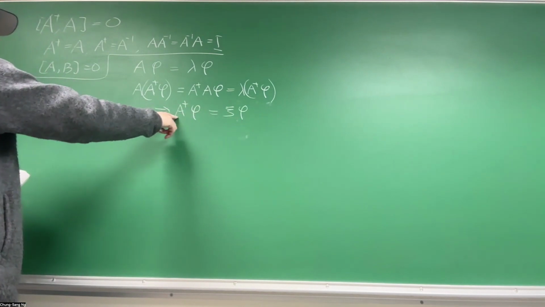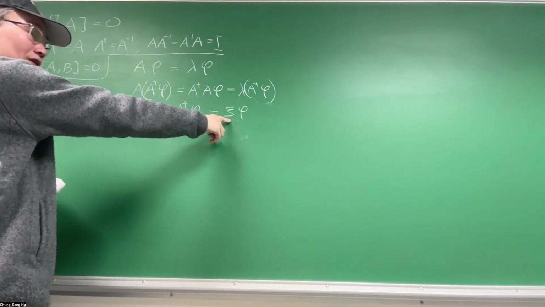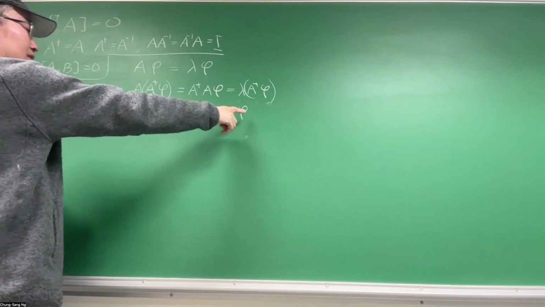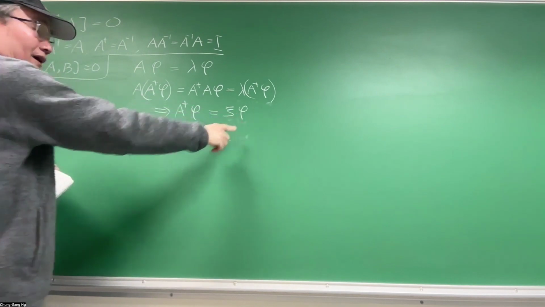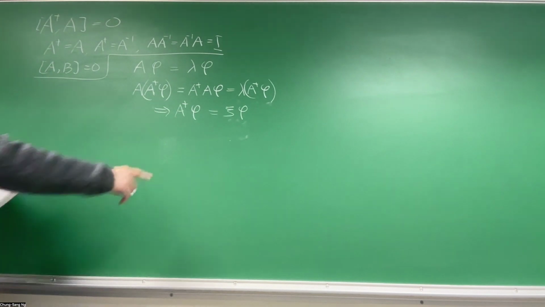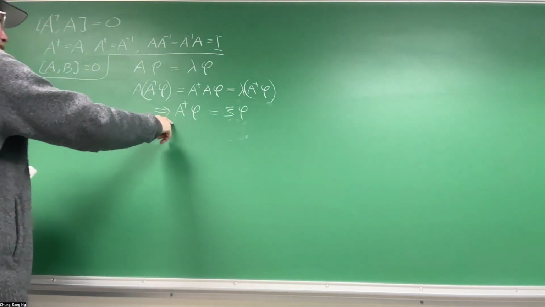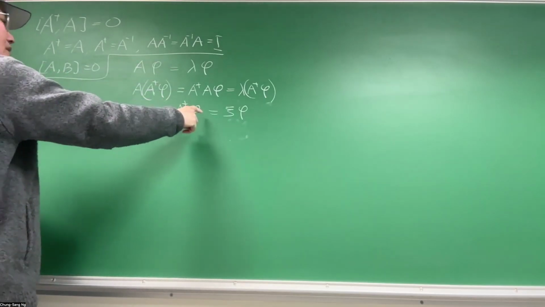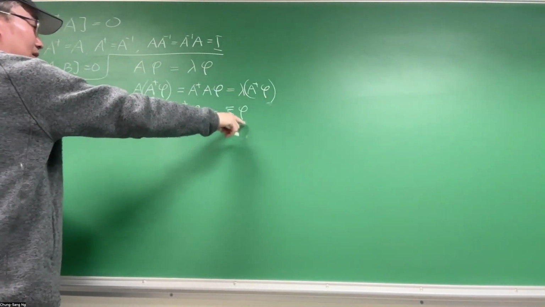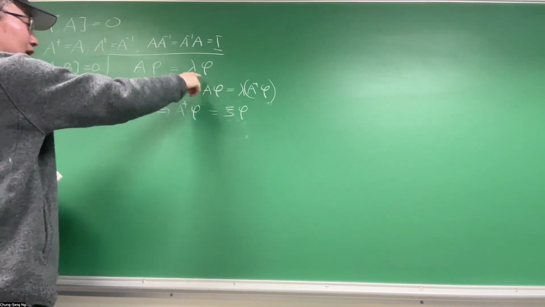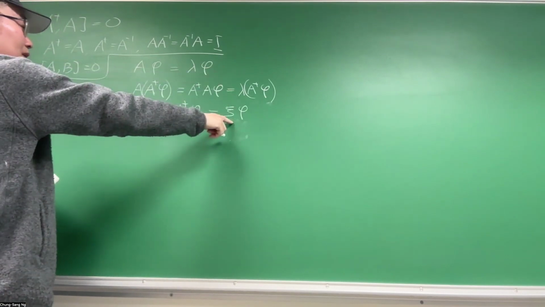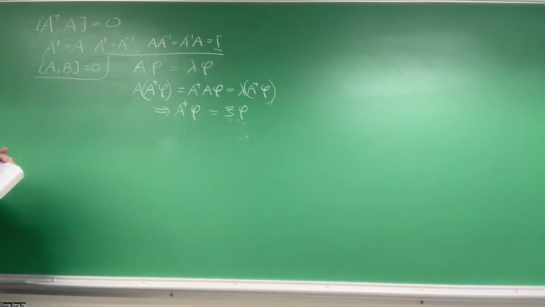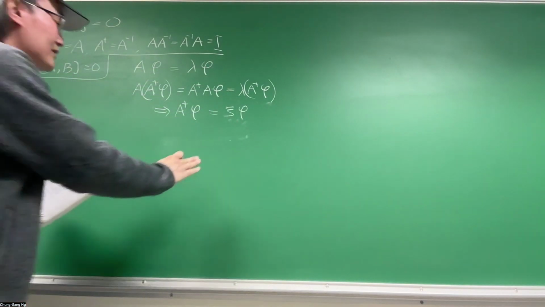So A and A dagger have the same eigenfunction, not necessarily the same eigenvalue. The eigenvector is the same. Is that okay? That's very easy to see.